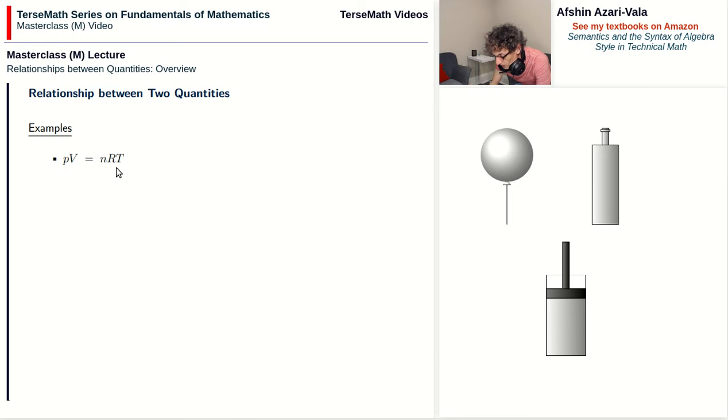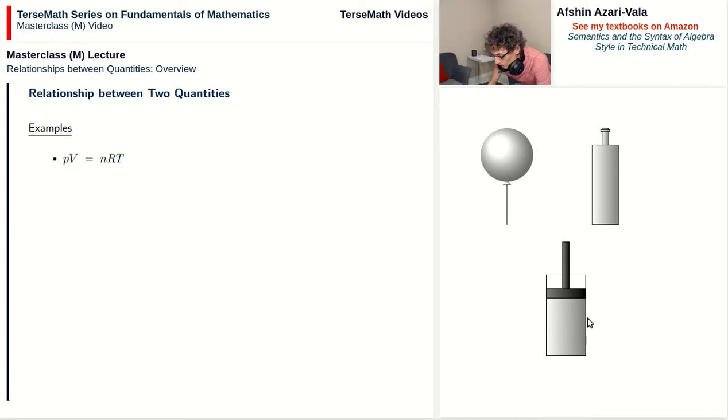Now when I take a look at this formula, there is a lot that I can tell. For example, I can tell that if N and T remain constant, so we don't let any gas enter or leave the system, and we also keep the temperature constant by, let's say, putting it in water at constant temperature so that we can cool it or heat it.